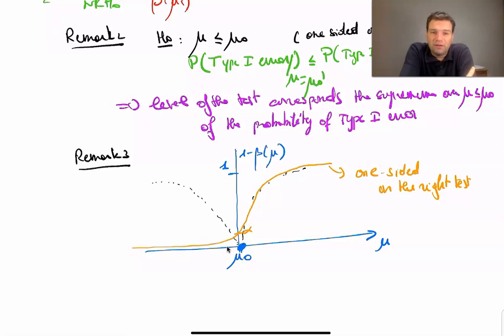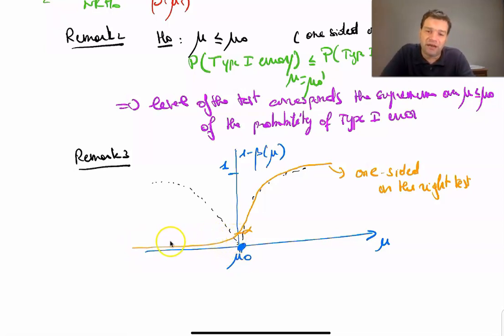Thus the probability to reject for a mu which is smaller than mu naught should be seen as a probability to reject when we are not under the alternative. We are under the null for these values of mu. Therefore, this is not exactly the power as we have defined. This is the probability to reject.